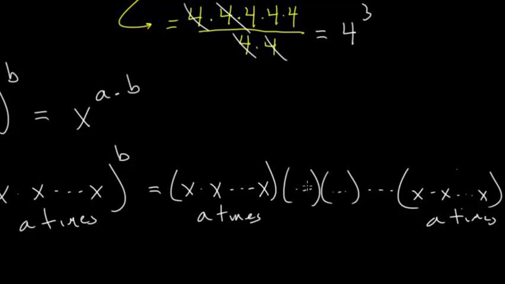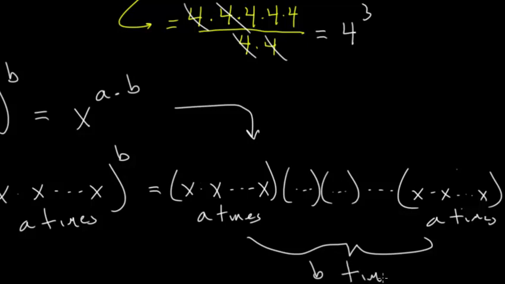And so that would be 12 total, or 4 times 3. So this is another way to think about it. And again, we multiplied x to the a, or x multiplied by itself a times, b number of times. But let's look at a specific example.